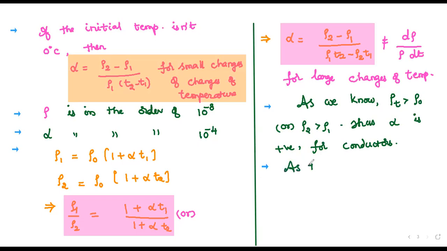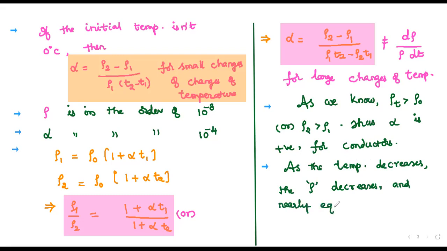As the temperature decreases, the resistivity decreases and rho is nearly equal to zero at very low temperatures, at temperatures close to not 0 degrees Celsius, close to 0 Kelvin. Better I write 0 Kelvin.